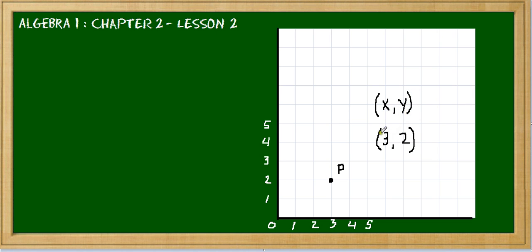In this case, we moved 3 across the x-axis and we went up 2 along the y-axis. And we found our point P, so we can define that as coordinate point 3, 2. Okay, so it's 3, comma 2.